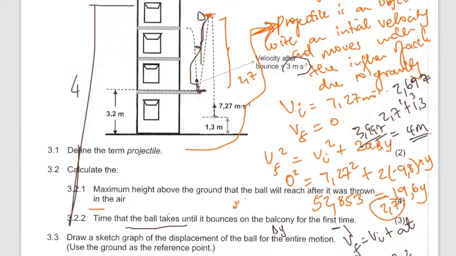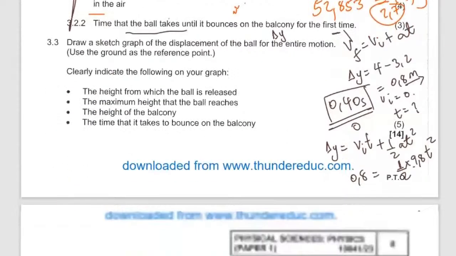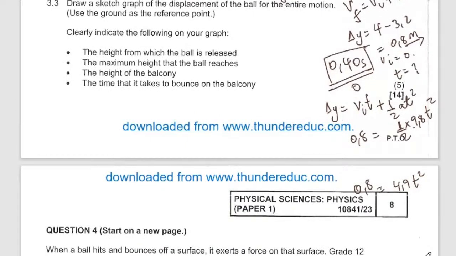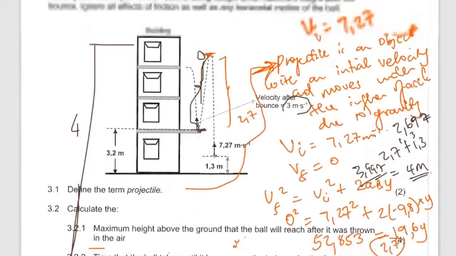So then we have to go back to the first journey, using the change in y. So what's going to be the displacement? Well, 1.3 up to that, and so we get 2.7. So we can use the 2.7, which is 4 minus 1.3.